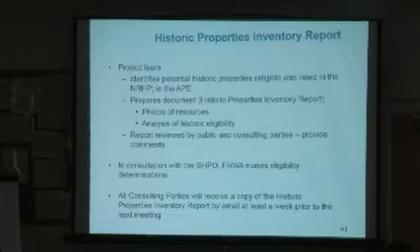It takes the form of a historic properties inventory report, and that will be done for the architectural APE. And again, identifying the potential historic resources with photos of the resources and an analysis of historic eligibility. And those will be based on the National Register criteria that I mentioned halfway through the presentation.